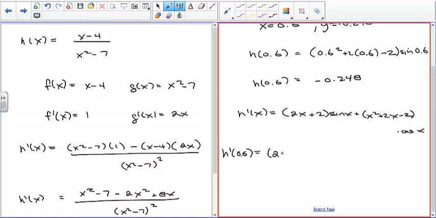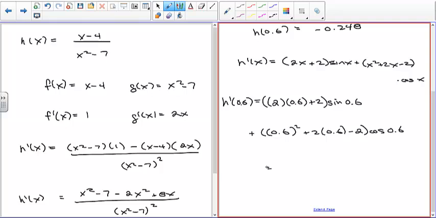So we're going to have 2 times 0.6 plus 2, put that inside a parenthesis, times the sine of 0.6, plus 0.6 squared plus 2 times 0.6 minus 2 times the cosine of 0.6.